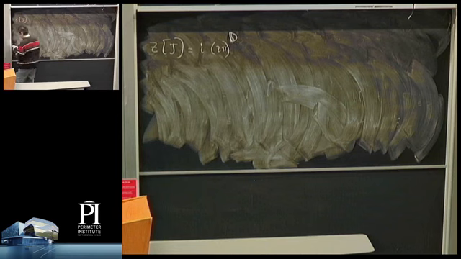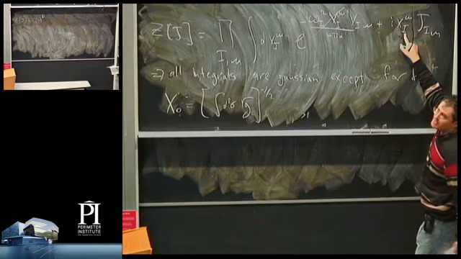That the generating functional will take the following form: (2π)^D, where capital D is the number of fields on the worldsheet, D goes from 1 to 26, and then I have a D-dimensional delta function evaluated on J_0.